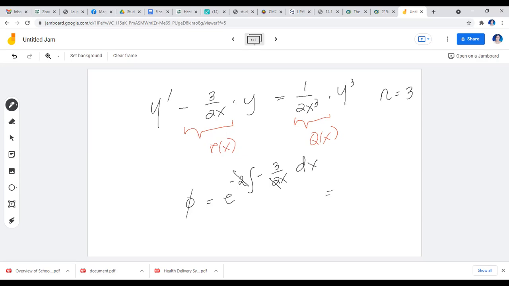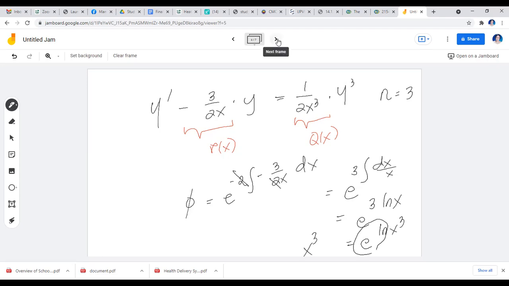So this is actually e raised to the integral, this time positive already. So 3, I'll place it outside the integral sign, dx over x. This is equal to e raised to 3 ln of x, which is equal to e raised to the ln of x cubed. This one being equal to 1, so this is equal to x cubed. So that's your phi already.